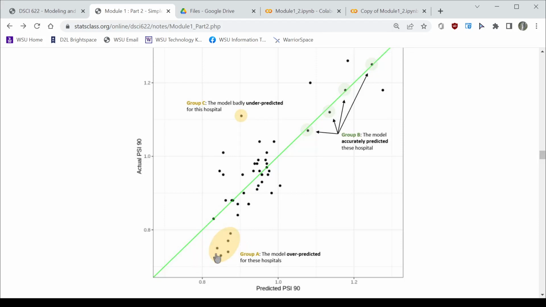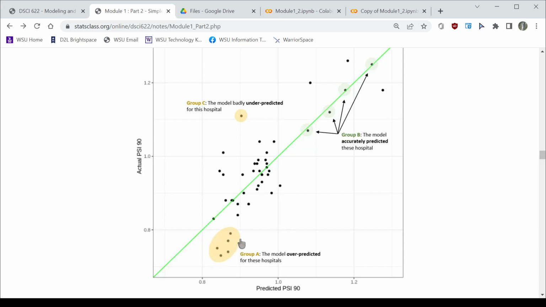This group of points here, I called them group A, and St. Cloud sits in this group. We can see that the predicted values for this group are higher than the actual values. Predicted values are around 0.85 up to 0.9, whereas the actual values are from about 0.75 to 0.8.